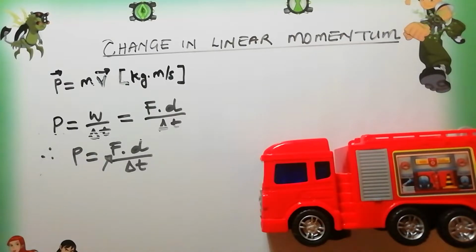So now, what is the relationship between Newton's first law and the momentum? This truck is at its rest position, the velocity is 0. This object will have 0 momentum until we apply force on it, or until the engine applies force so that it can move from one place to another.